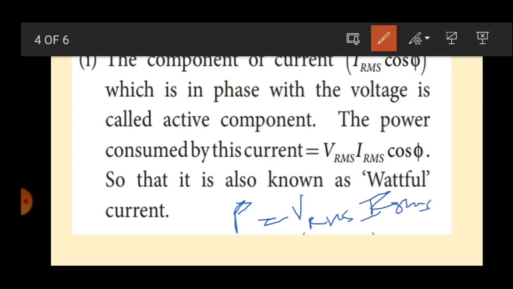So here the power is at maximum. This is also known as wattful current. In this circuit the power is at maximum. Wattful is nothing but powerful current.